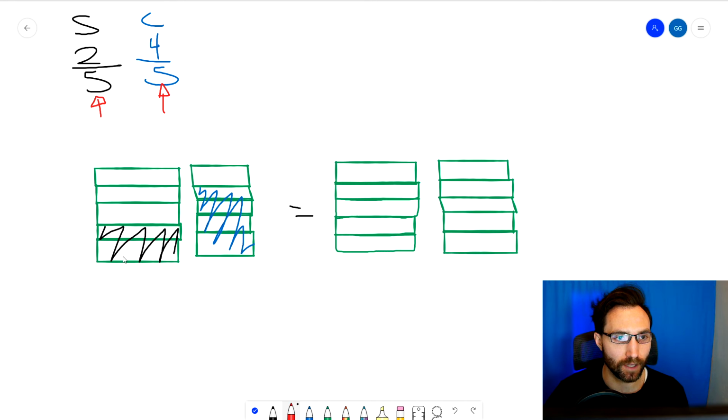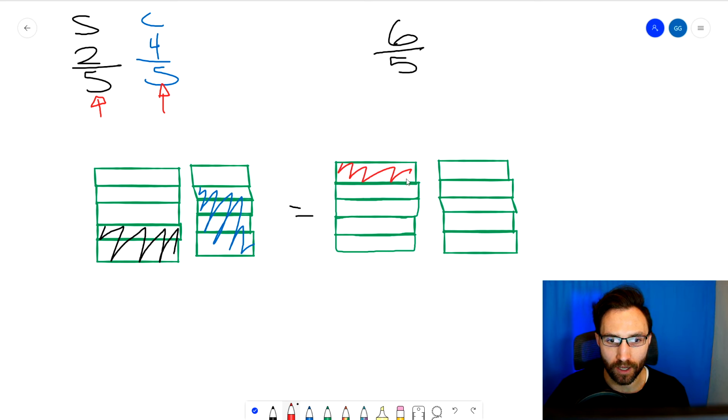We can see right here in the black, referencing to Scotland drank 2/5, Creighton drank 4/5, and then how many fifths together? Well, if we add 1, 2, 3, 4, 5, 6, 6/5, we're here 6/5.